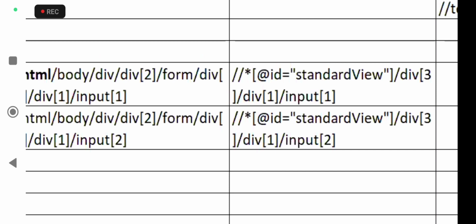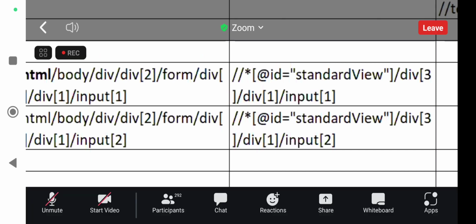See that, two forward slashes, TD, then square brackets, at the rate symbol, align equal to.